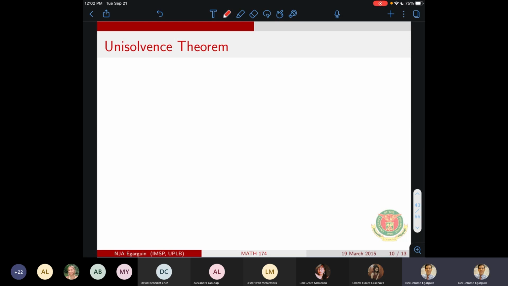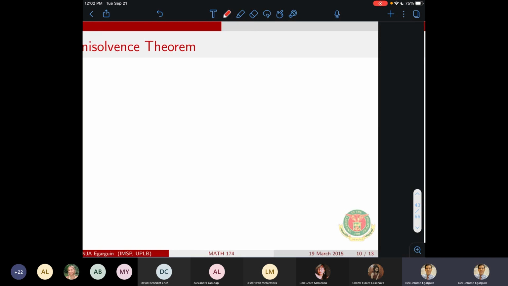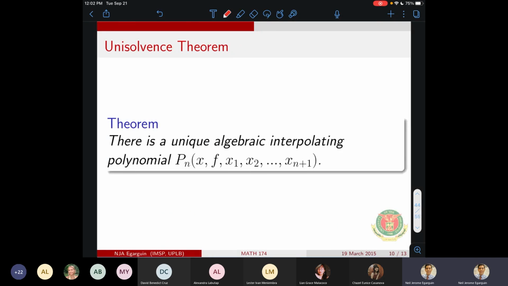Because this is a very powerful theorem because it tells us na hindi lang nag-exist yung algebraic interpolating polynomial, pero siya ay unique. So there is a unique algebraic interpolating polynomial. So if we want to prove the unisolvence theorem, it should be of 2 parts. First is a proof for existence, and second is a proof for the uniqueness.